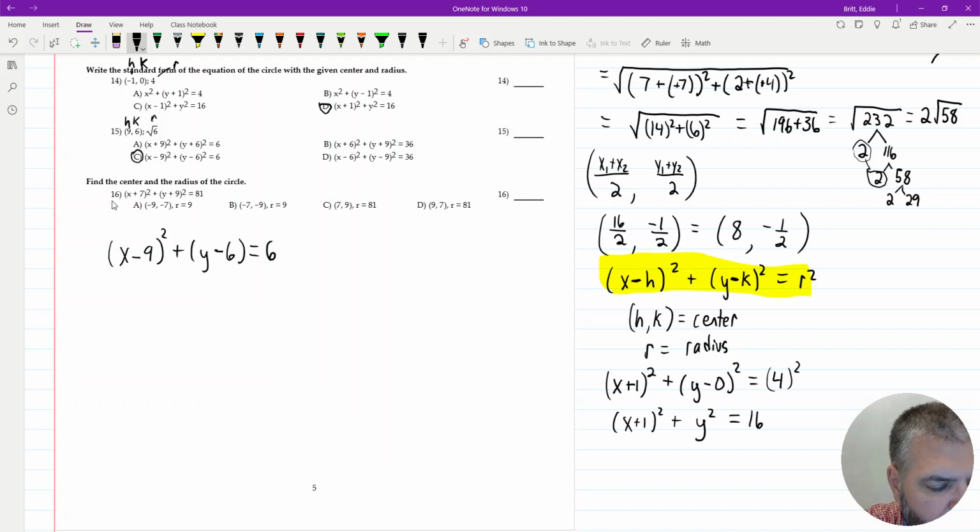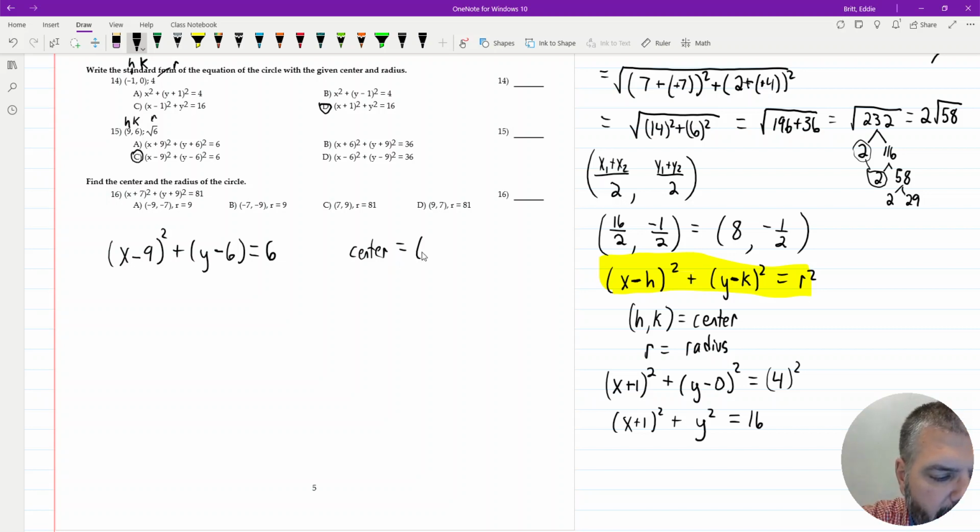All right, let's look at number 16. We want to find the center and radius. So remember I told you that there's a minus in the formula over here. So whenever we find our H and K, you got to take the opposite signs. So if we found our center for this problem, got to take the opposite signs.